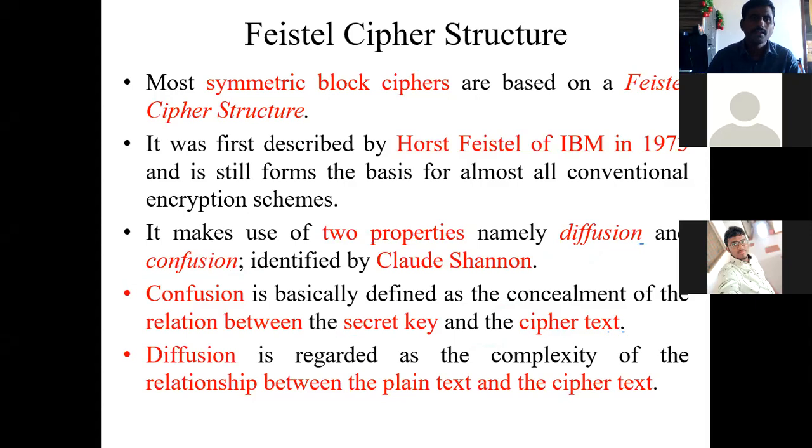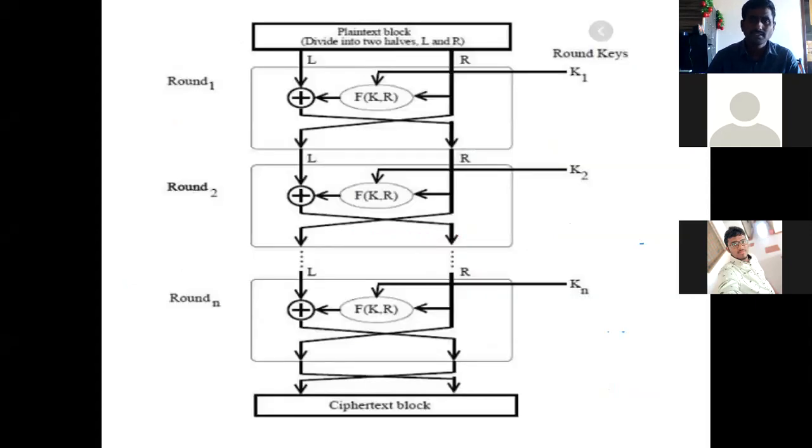And this is the Feistel structure which we use to convert the plaintext into ciphertext. You can observe this structure now.